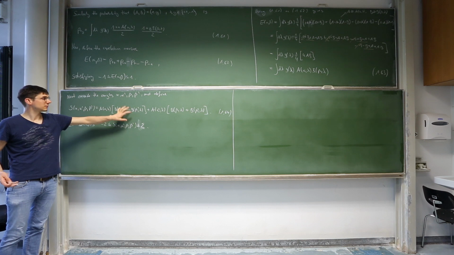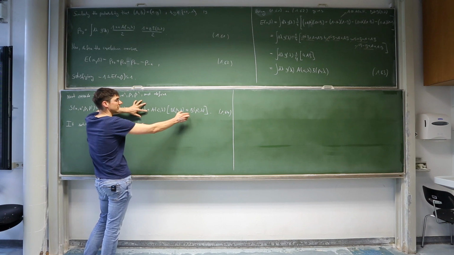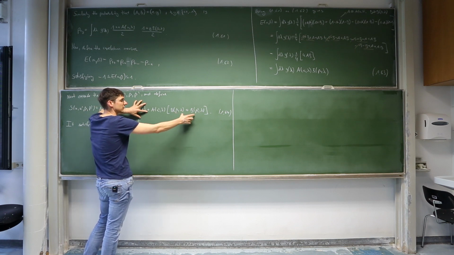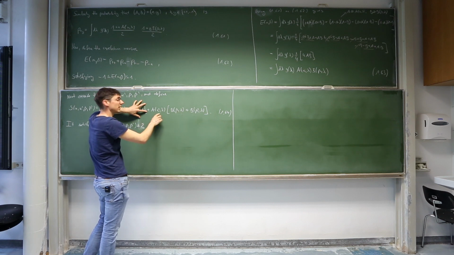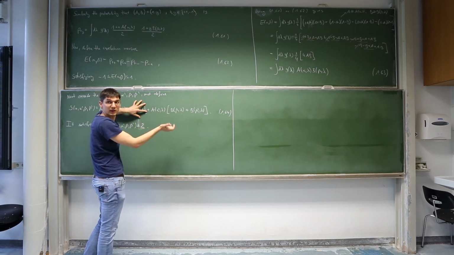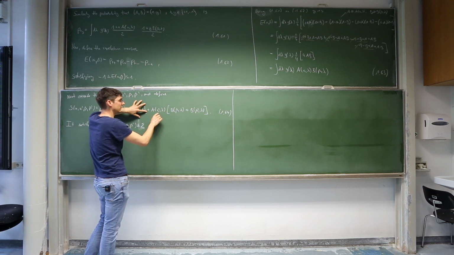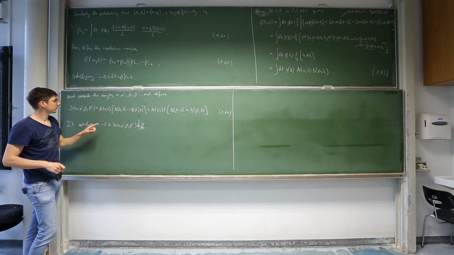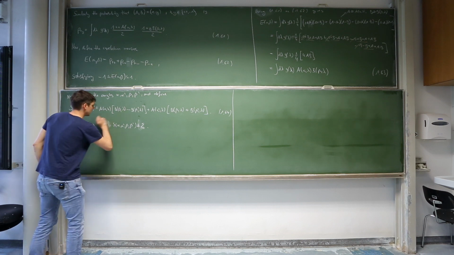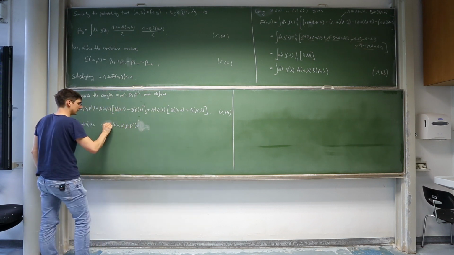So if they yield the same outcome, this is 0. So the first factor vanishes, and the second factor, if B of beta and B of beta prime give the same outcome, gives either plus 1 or minus 1, and then times plus 1 or minus 1, which is either plus 2 or minus 2.